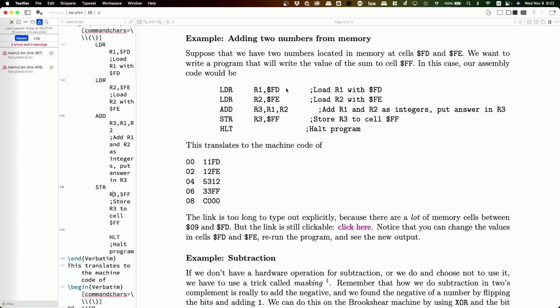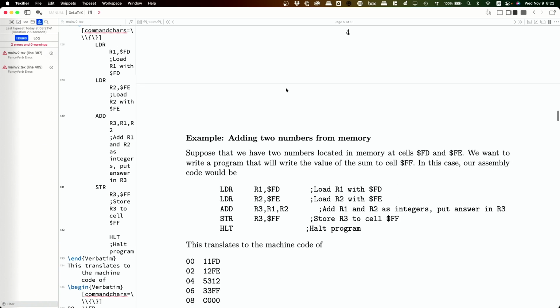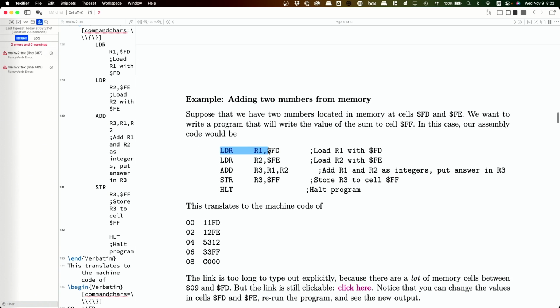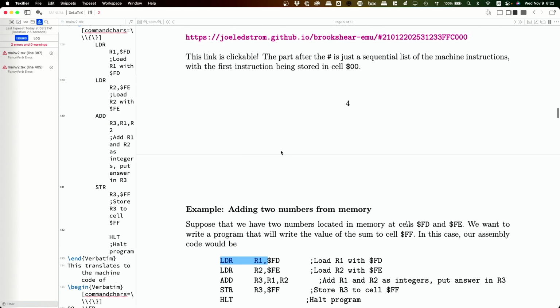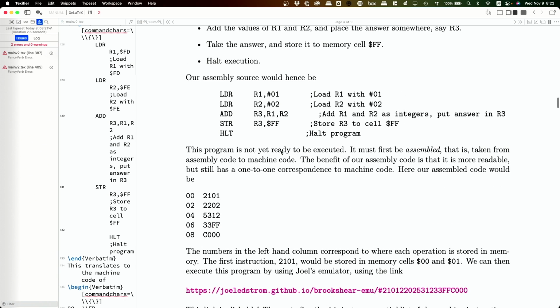Am I going to load the number 01 into register 1? No. So let's contrast. How does this first instruction differ from this first instruction? There's two differences. What are they? And just how I typed it. You don't even have to know what it means to identify the two differences.